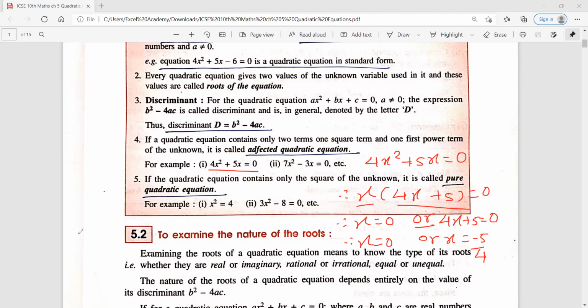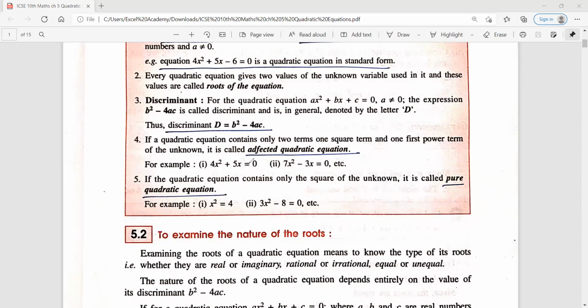Is this clear? समजलंय काय केलंय आपण ते? Yes, sir. Right? Okay. So always remember, if the constant term c is 0, then that type of quadratic equation is called an adfected quadratic equation. And in that case, at least one value of x has to be 0. असणारच आहे, compulsory. समजतंय का?